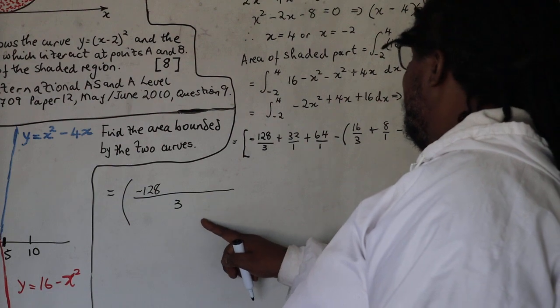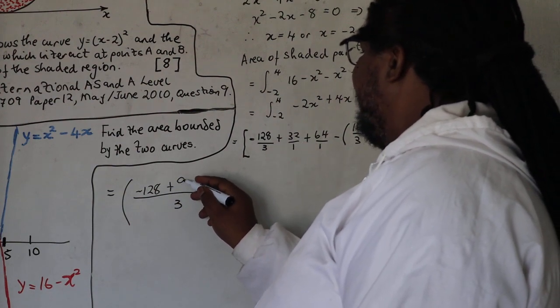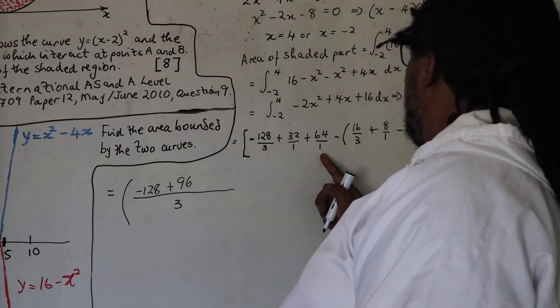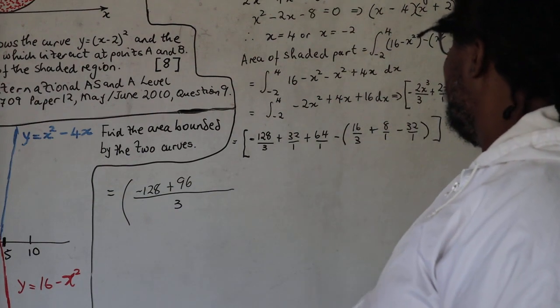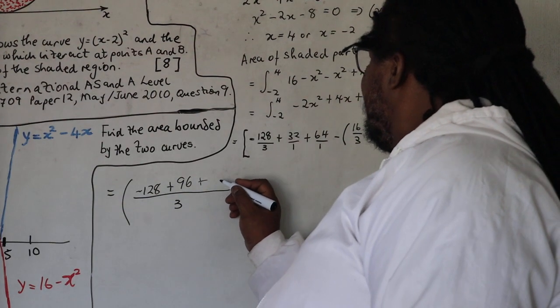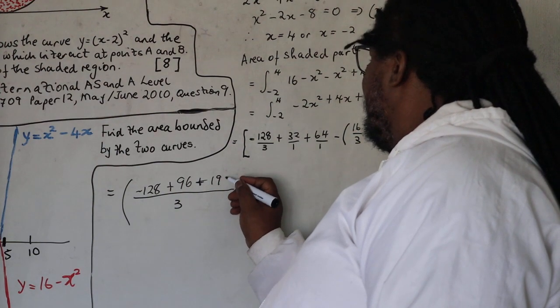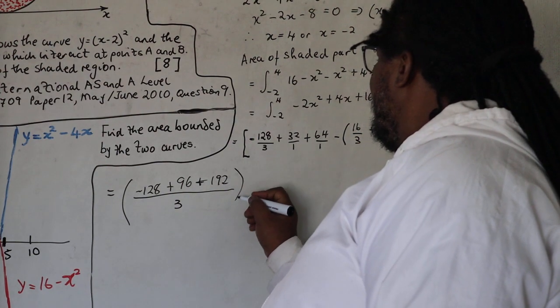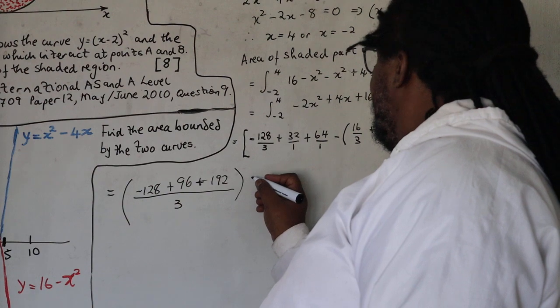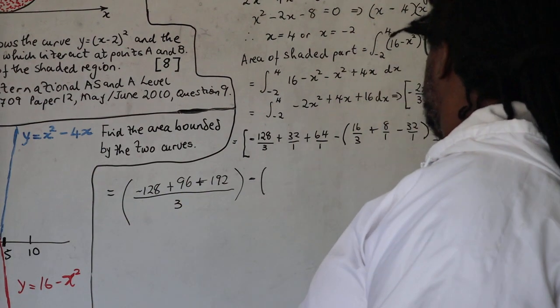And 1 into 3 is 3 times 32, that gives us 96. 1 into 3 is 3 times 64, that gives us plus 192. Minus bracket.